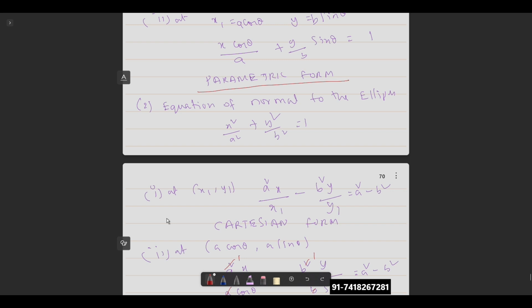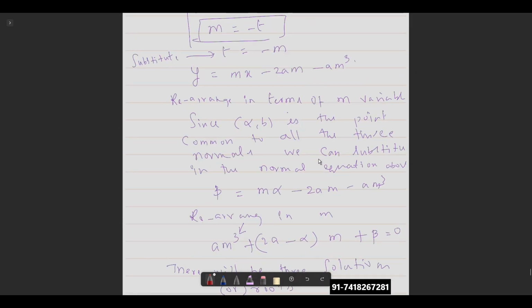It is very similar to the parabola, where you have two points on the curve. You find the secant slope and make one point move towards the other point, like Q moving towards P, as in the parabola.